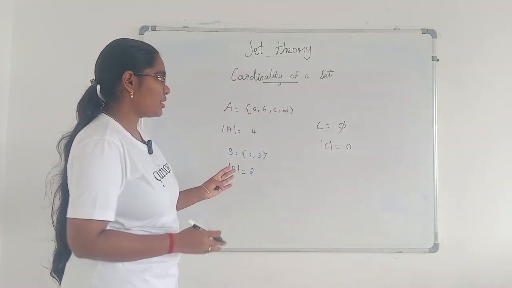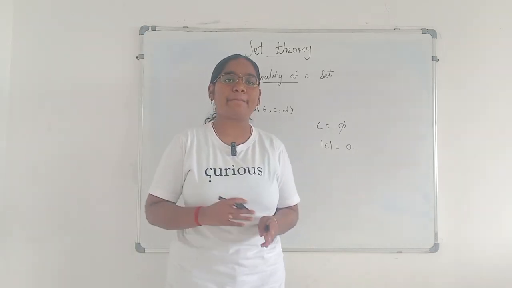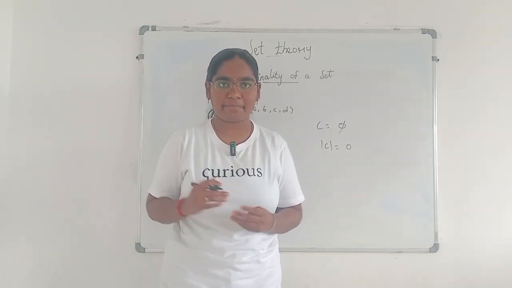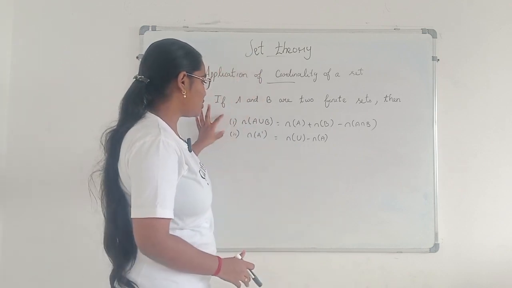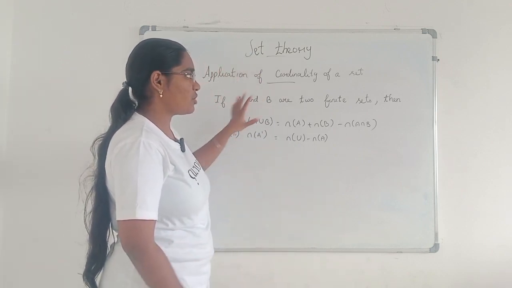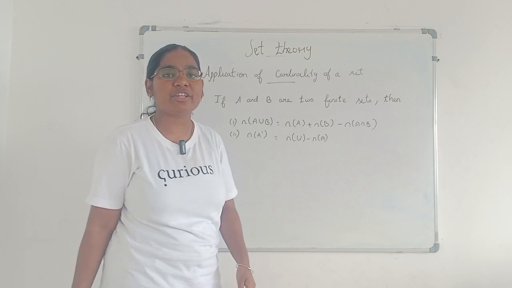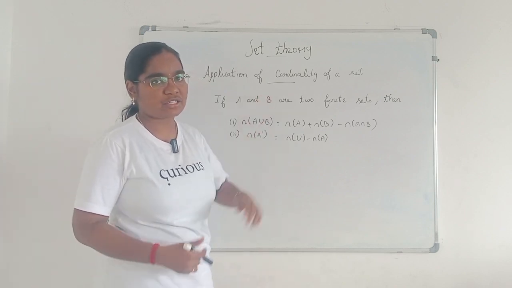Right. Next, we can explore some applications of this cardinality. For now, we can see these two formulas of cardinality of a set. In upcoming videos, we can explore all other applications of cardinalities.